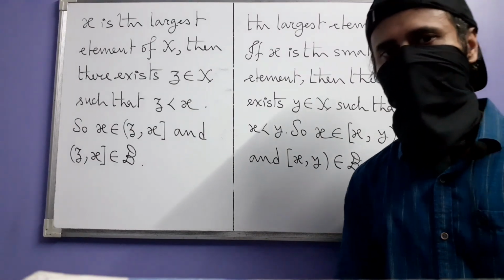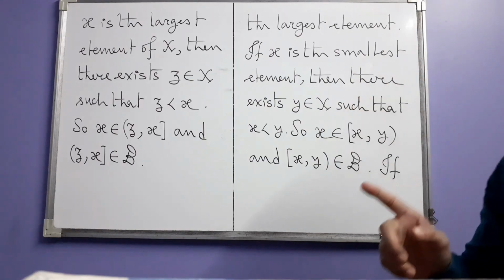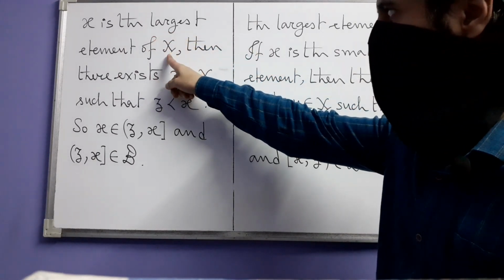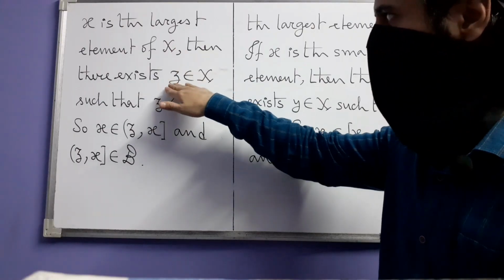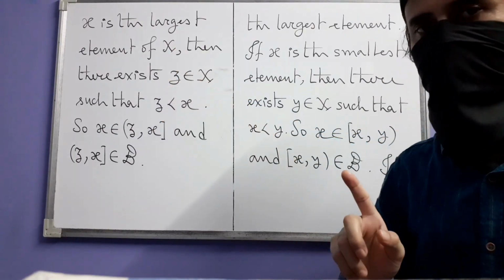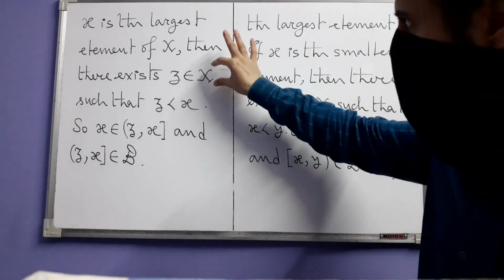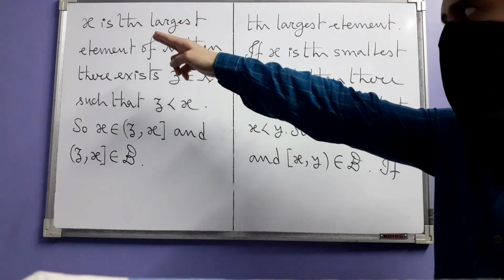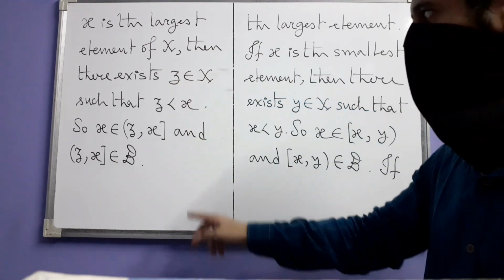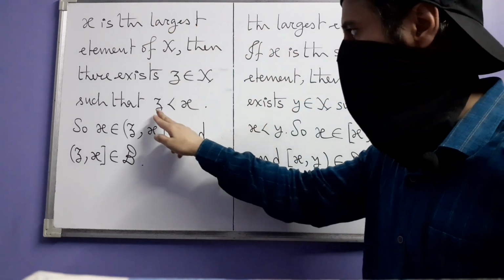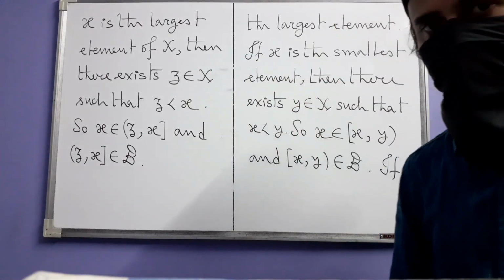And the other case is that your chosen point X is the largest element. If X is the largest element of X, then again this time also there exists an element Z in X which is different from X because your set has at least 2 points. So besides your small x there should be another one. But this time the largest nature of small x forces Z to be less than small x.